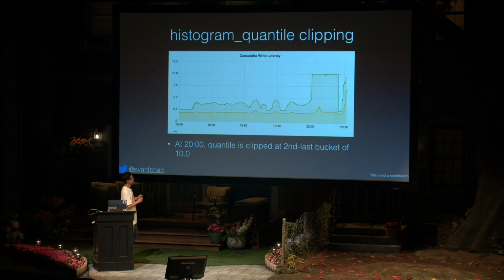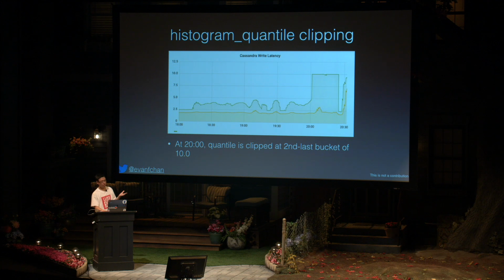The issue, though, is that if you calculate quantile, you cannot interpolate a value to infinity, right? So it's mathematically not possible to derive what is above that line, and that line is basically clipped at your last value.